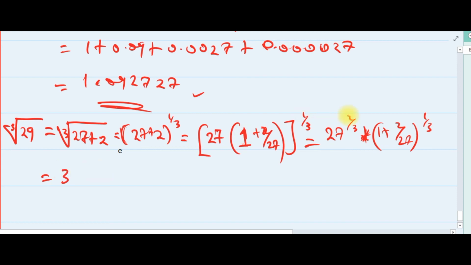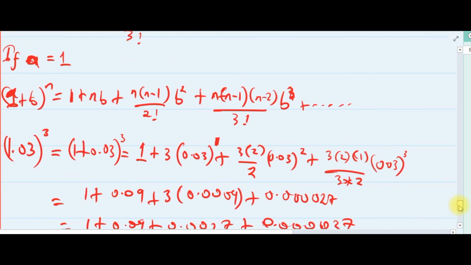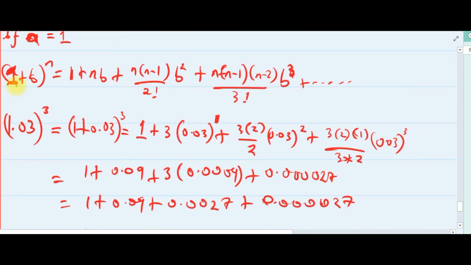We now expand this using our formula, which is 1 plus n, which is 1 over 3, times b, where our b is 2 over 27.